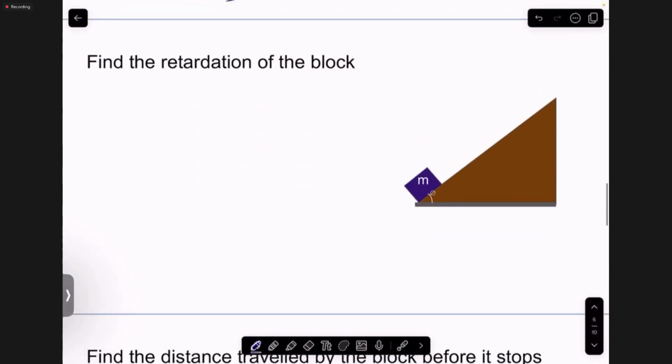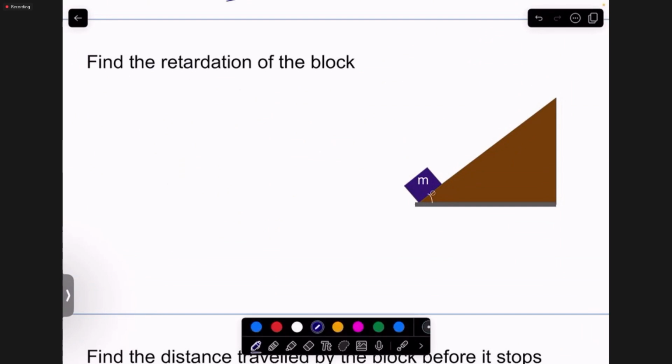Now, another problem is retardation of the block. How are you going to find the retardation of the block when this block is initially being pushed by a force, and then after some point of time, due to the roughness of the inclined plane, it is going to stop? Let me state this problem properly.